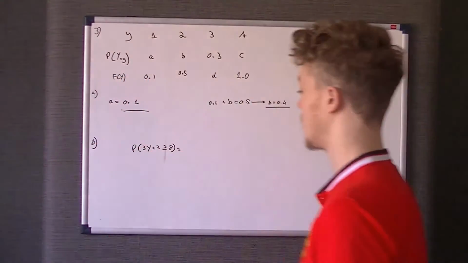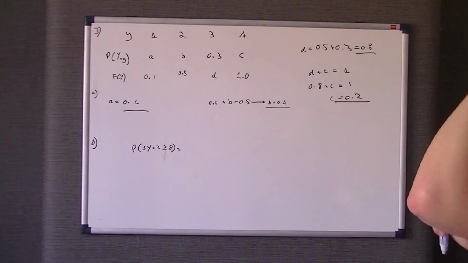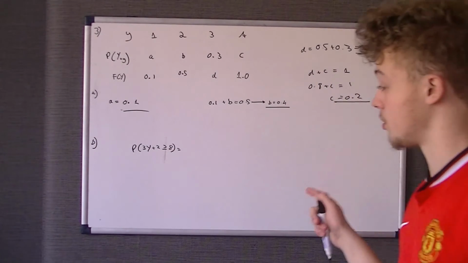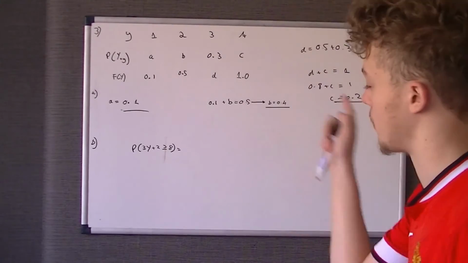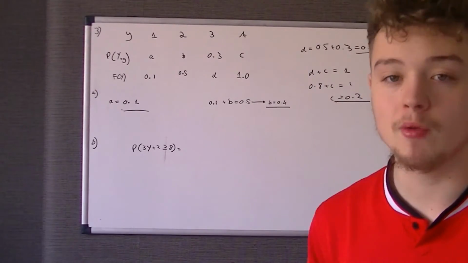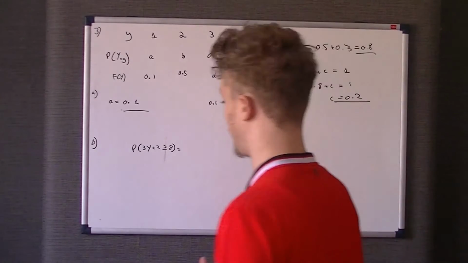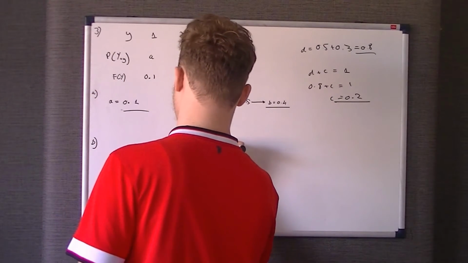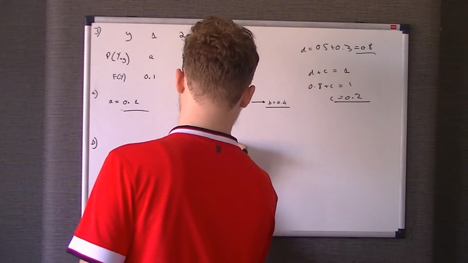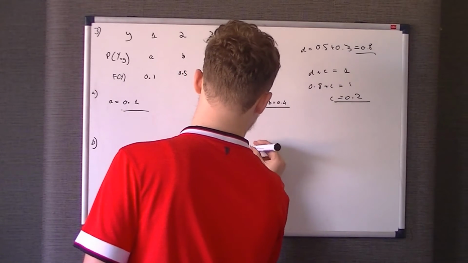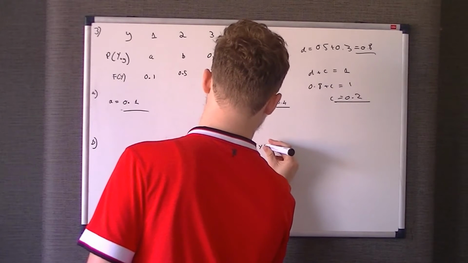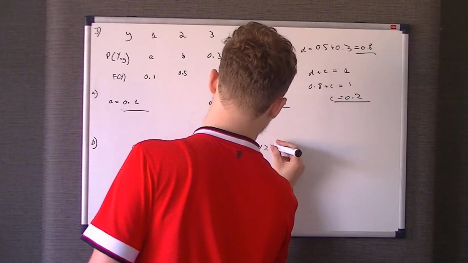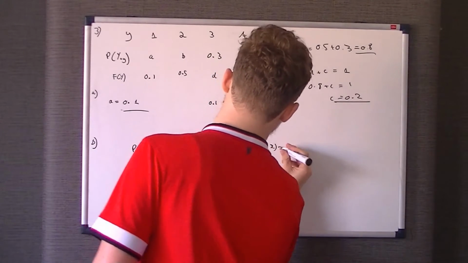Now, we don't have the probability of 3y plus 2. We only have the probability of y. So we need to rearrange this to get the probability of y being greater than something. If you do that, it's the probability of 3y, and you take away 2 from both sides. That's 6. Then rearrange that so you get y on its own, so the probability that y is greater than or equal to 6 over 3, or y is greater than or equal to 2.